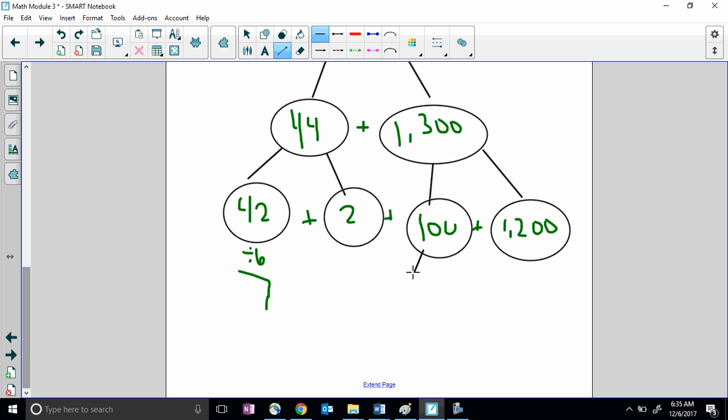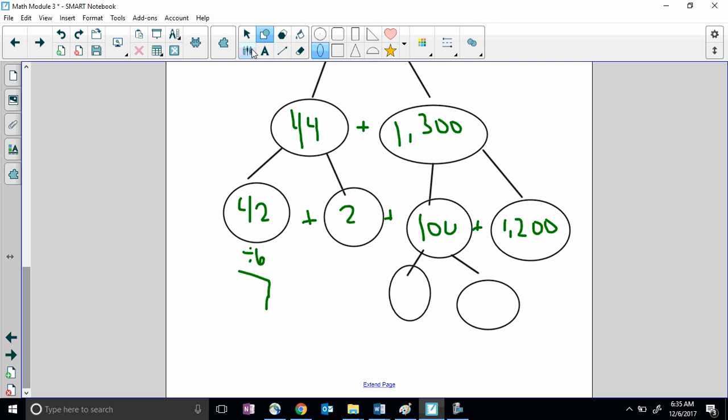Technically, I broke this 100 down again into 96 and 4. I want to write this in a different color. I can't do anything with this, so this technically is its remainder, which gave me 16. Again, this is too small for me to divide, and this one, when I divided by 6, gave me 200.